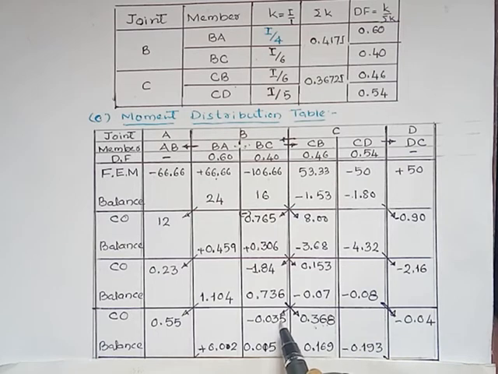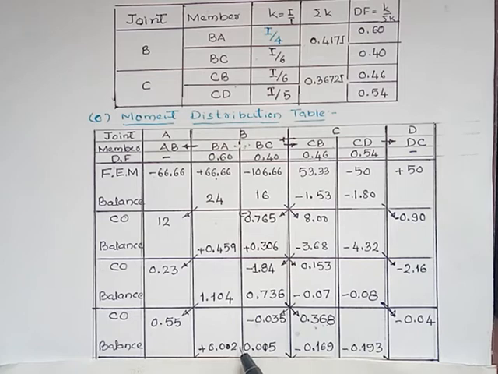Here the moment is 0.035 at joint B. You have to balance this by adding plus 0.035 and distributing among the two members, BA and BC. Then 0.035 into 0.6 is 0.02, and 0.035 into 0.4 is 0.015. Here these two moments are positive, this one is negative.